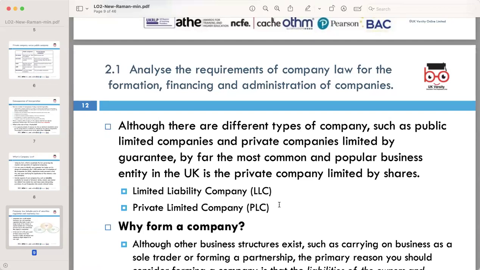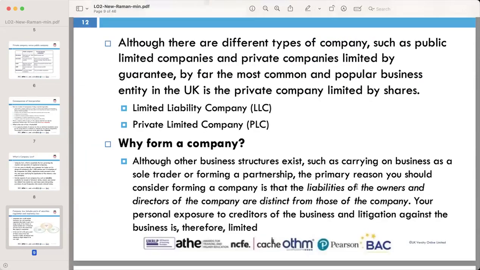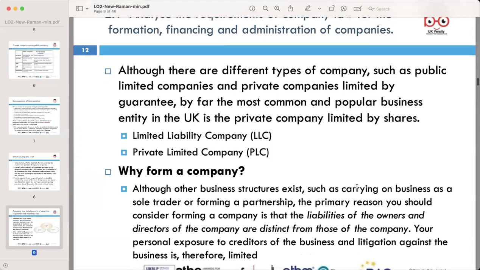In a sense, forming a company is a strategic choice that shields owners and directors from certain liabilities, differentiating it from other business structures like single ownership or sole trader or partnership. The legal framework supported by various acts lays the foundation for understanding and navigating the complexities of company law in the UK.